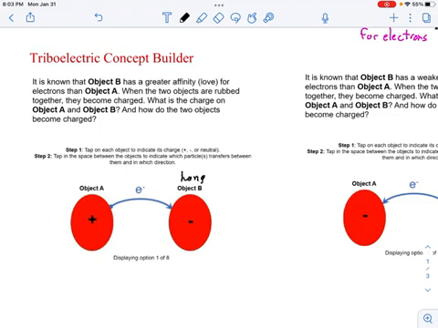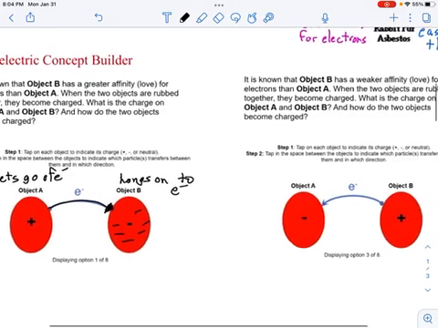So it hangs on to electrons more than object A. So A will let go of electrons more easily when rubbed up against B. B will take them on, A will give them up. And so what happens here is that the electrons flow from left to right, from object A to object B, meaning that object B will acquire a negative charge, and because of the loss of electrons, object A is positive.